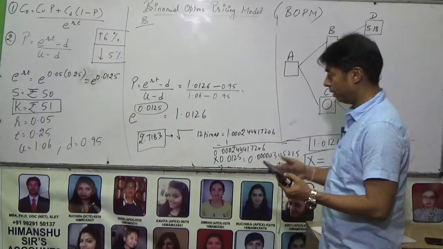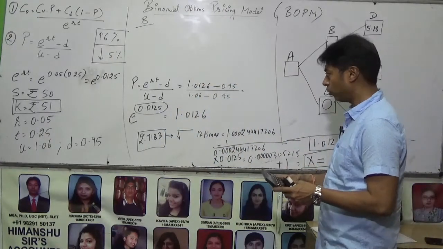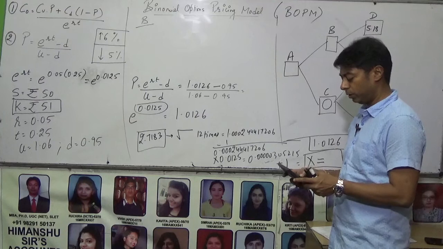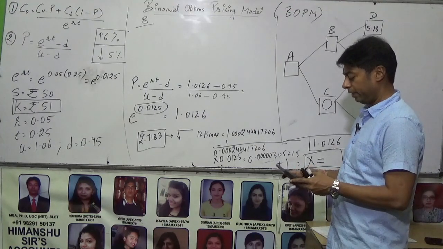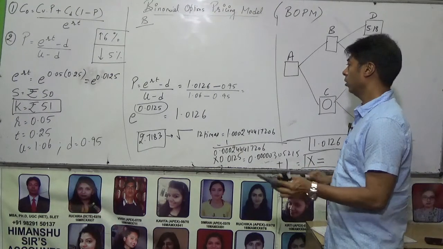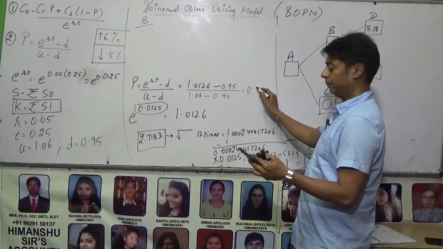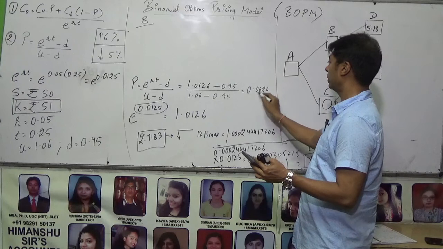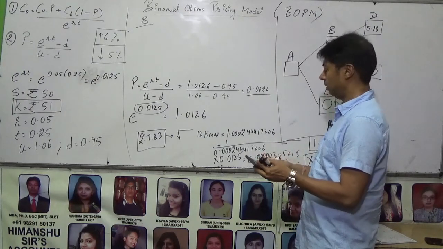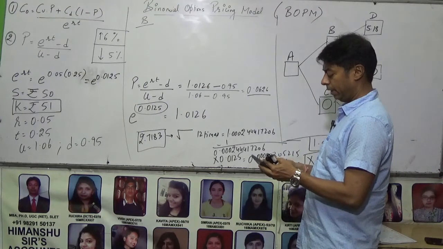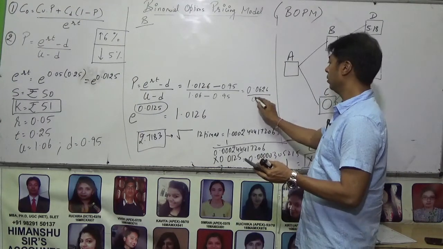Let me see how many of you are capable of solving it. 1.0126 minus 0.95 is 0.0626, and 1.06 minus 0.95 is 0.11.